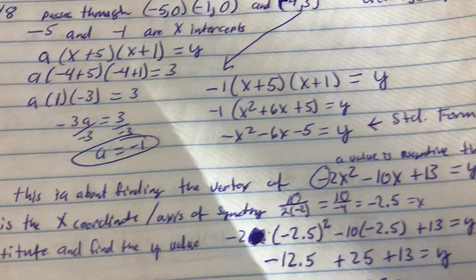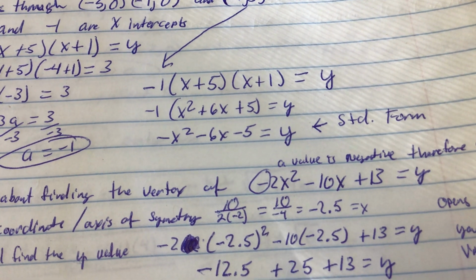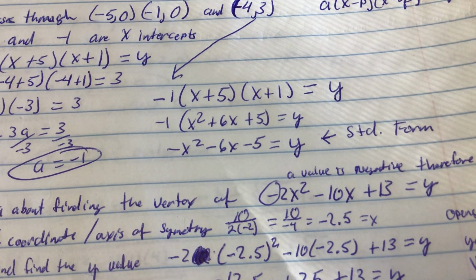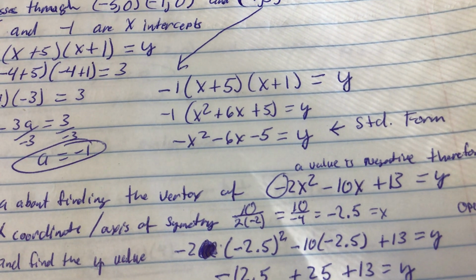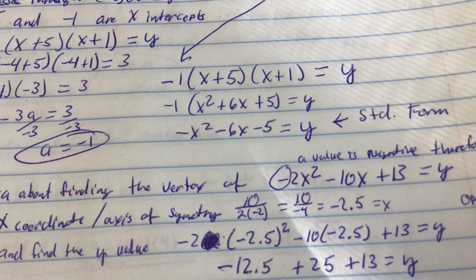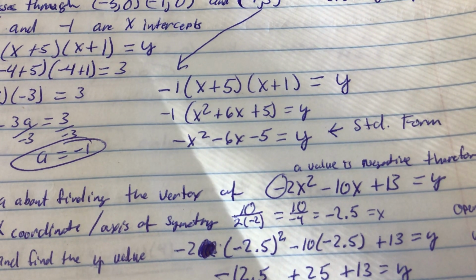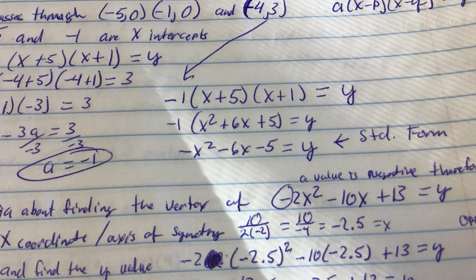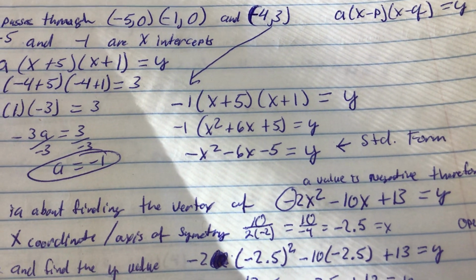So from the equation up here, I'm going to take the opposite of negative 10, which is positive 10, and then I'm going to take 2 times the a value, which is negative 2. So 10 divided by 2 times negative 2 is 10 over negative 4, which equals negative 2.5 for x. Therefore, my x-coordinate will be negative 2.5.